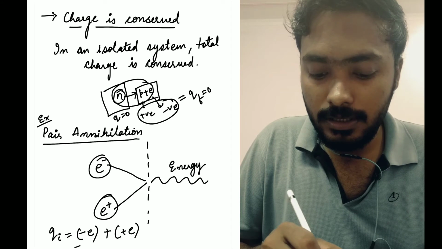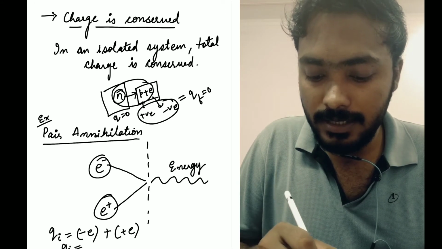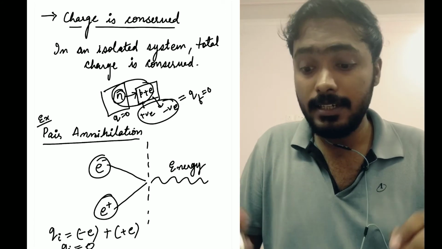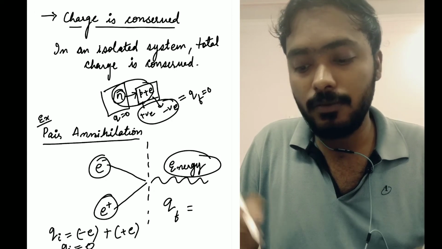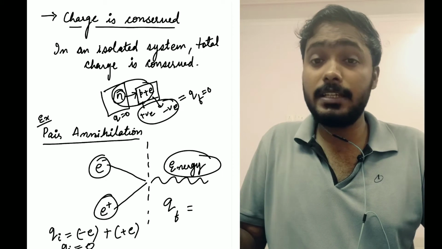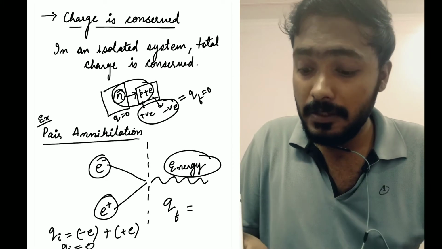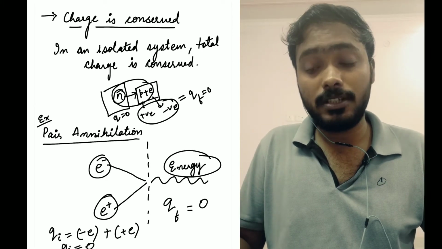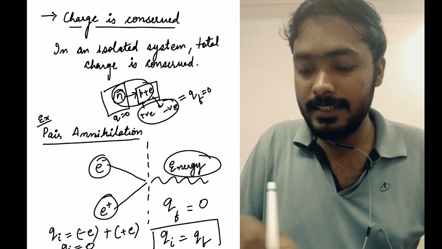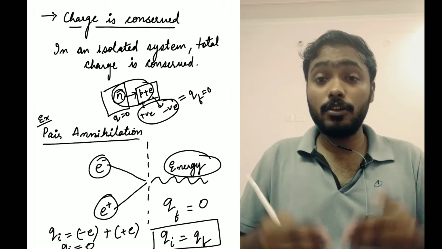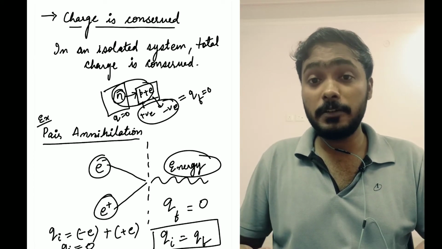So the total charge of the system is 0. In the other part, the Q final, we can clearly see energy does not have any charge. So at the end there is no charge, so Qi is equal to Qf. That simply means that charge is conserved, right?